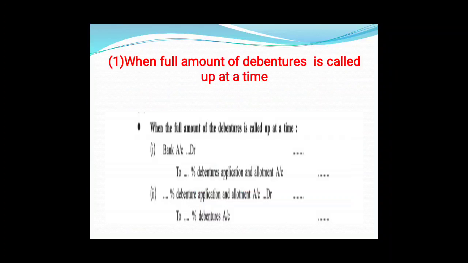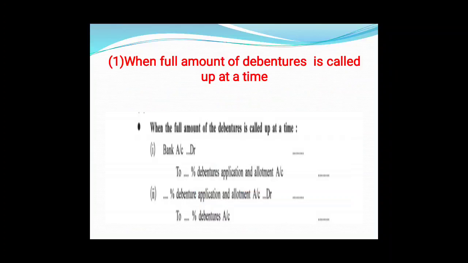Now let us see the accounting entries to be passed when the amount of debentures is called up in different installments. As we have seen in the previous chapter on share capital transactions, there the amount was normally called in three kinds of installments: application, then allotment, and then call.